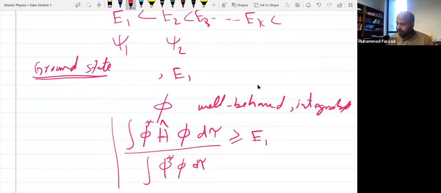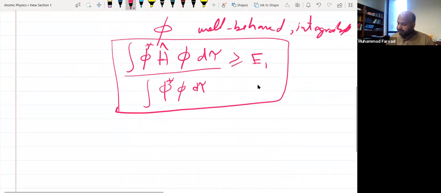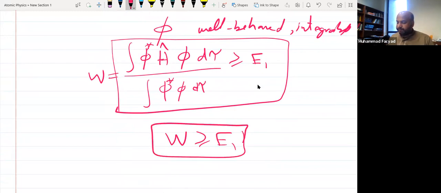Then this is what the theorem says, that you choose any phi and you put it in here and you compute this left side, and let me call this left side some W. So this W is always greater than or equal to E1. So just to give you an example, suppose you are dealing with a single particle in Cartesian coordinates x, y, z, then your d tau is dx dy dz, because your phi is then a function of x, y, z.